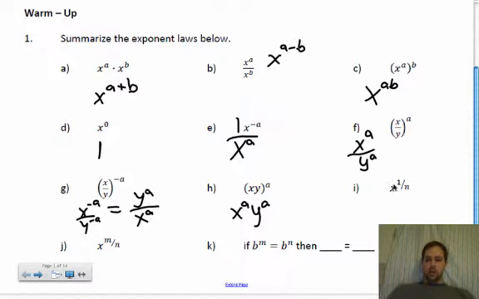Next is x to the 1 over n. Now this one's interesting. I don't know if you've had experience with this one before, but n becomes the radical index, and the numerator becomes the exponent within the radical. So, x to the numerator taken to the nth root.